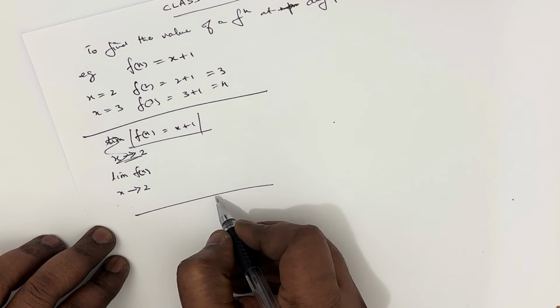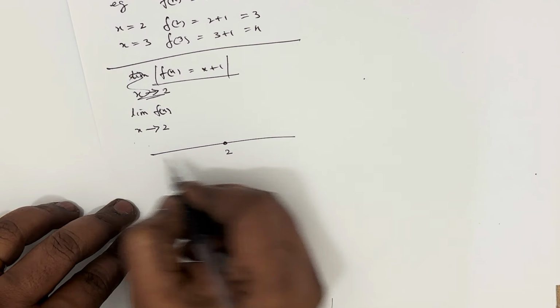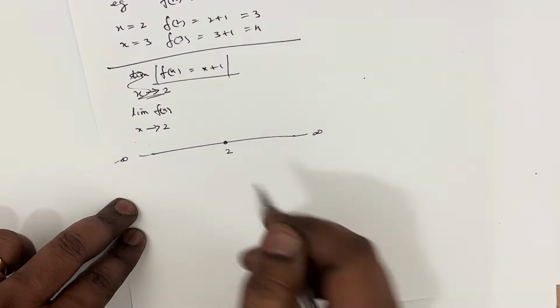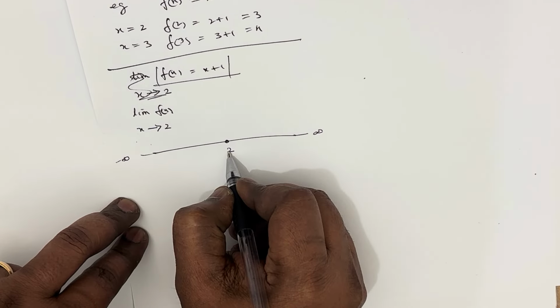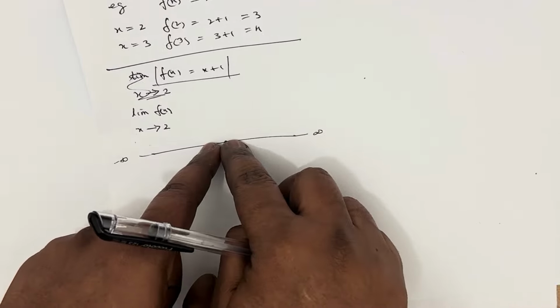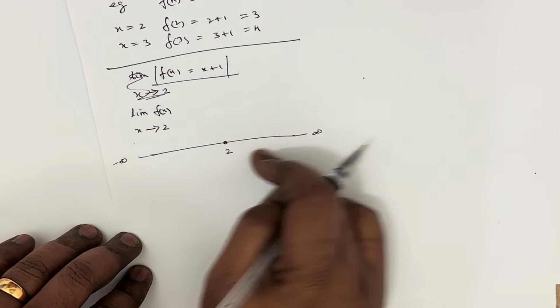If we take the number line, with negative infinity on one end and positive infinity on the other, and this is 2, x is approaching 2. Now x can approach 2 from both sides: from the right hand side and from the left hand side, from the positive side and from the negative side.